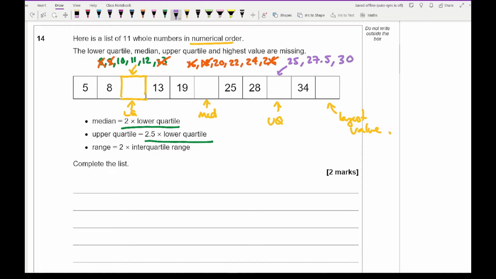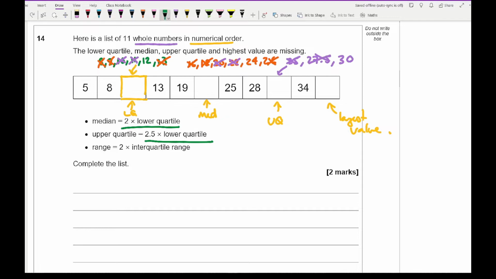Now looking at the purple numbers, which ones are valid? Well, it can't be 25 because the number's got to be bigger than 28, so that discounts this, which also discounts 10, which also discounts 20. And we know that it definitely can't be 27.5 because it says that all 11 numbers are whole numbers. So it can't be this, can't be that, and it can't be that.